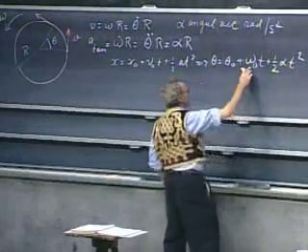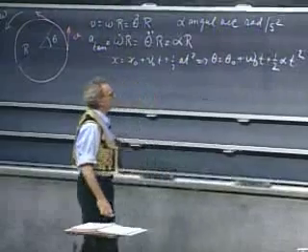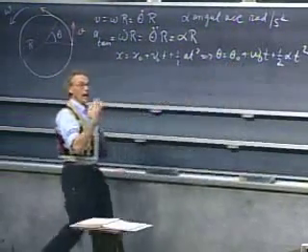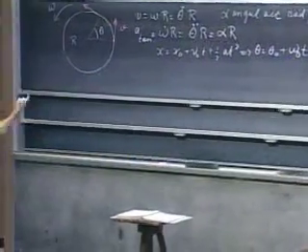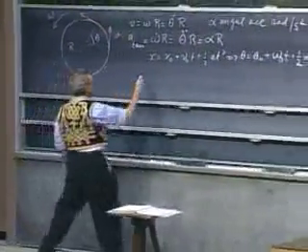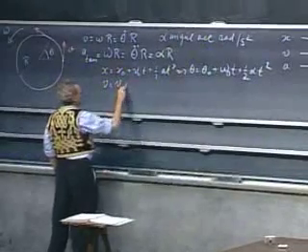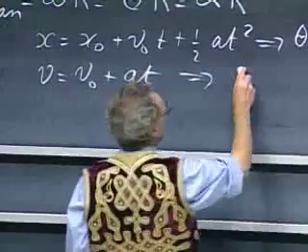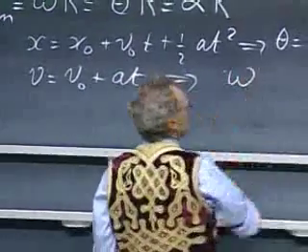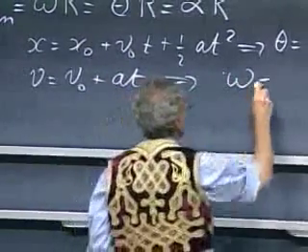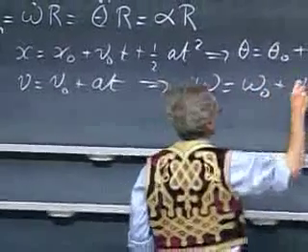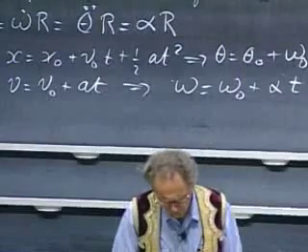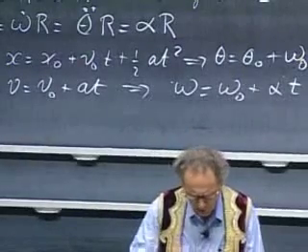It's that simple. Omega 0 is the angular velocity at time t equals 0, and theta 0 is the angle at time t equals 0 relative to some reference point. And the velocity v0 plus at now becomes the angular velocity omega equals omega 0 plus alpha t. So there's really not much added in terms of remembering equations.